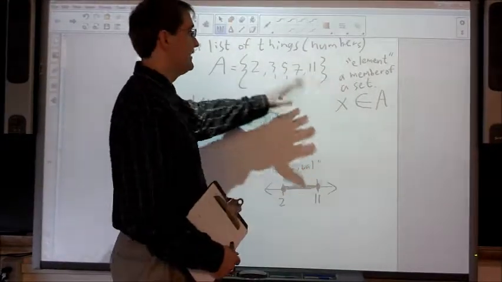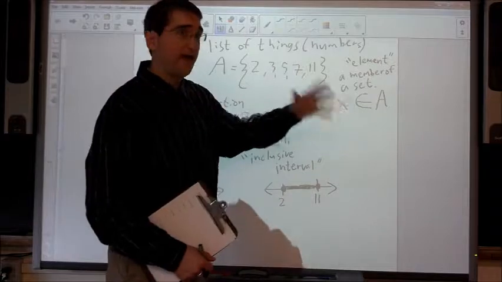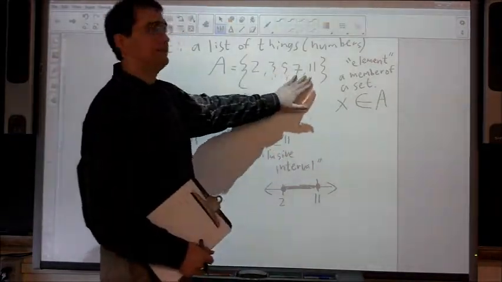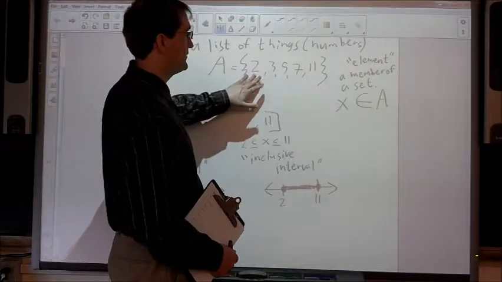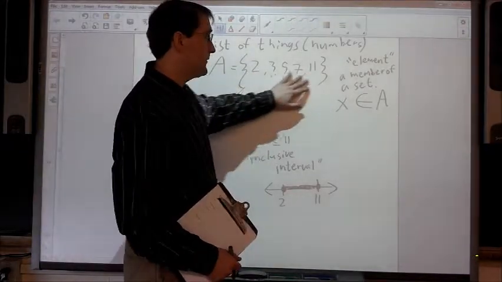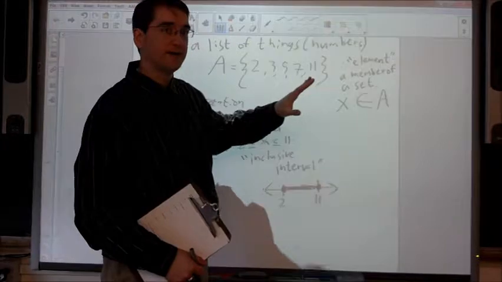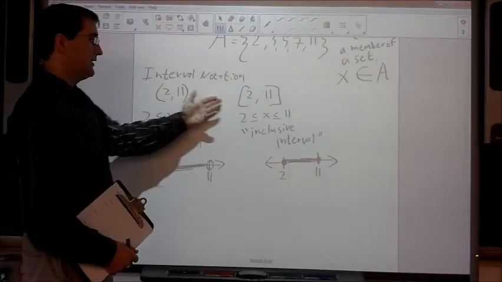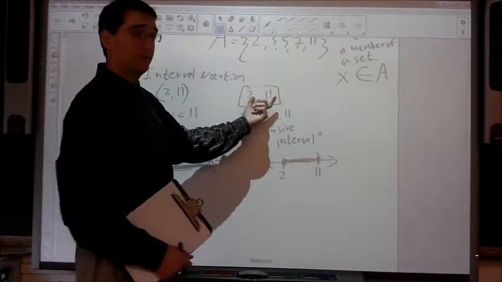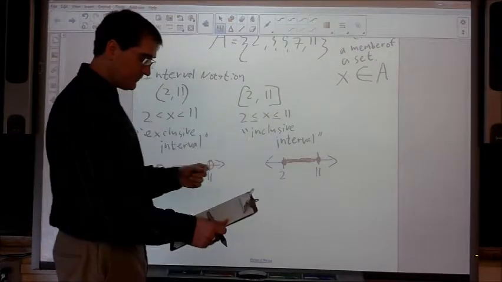Only these 5. Not 4, not 4.5, not pi. They're not in this set. So when you see the curly bracket notation, you've got to keep in mind that it's only the things that are written there that are a part of that set. Whereas for the interval notation, it could be these two numbers and then everything between them as well.